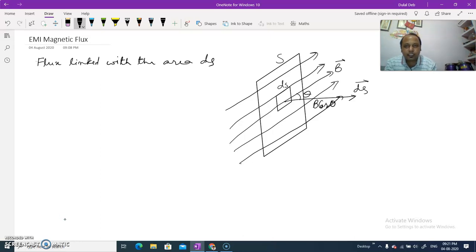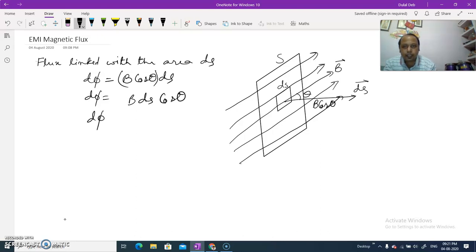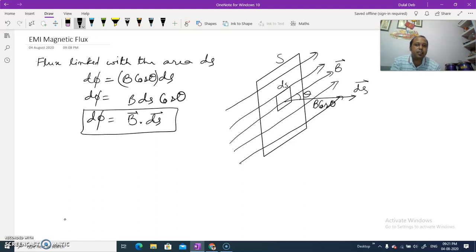So the magnetic flux, if it is given by d phi, will be written as the component of magnetic field along the area vector, which is B cos theta, into ds. Or we can write d phi as B ds cos theta, or in terms of dot product, d phi can be written as B dot ds. So you can see the small flux linked with the small area ds is given by B dot ds.